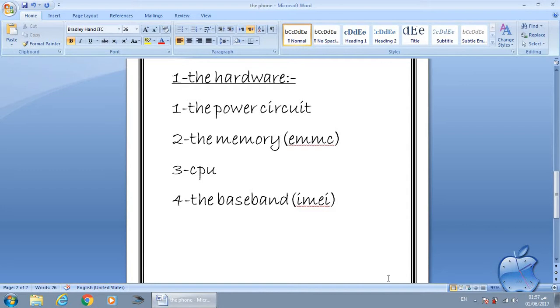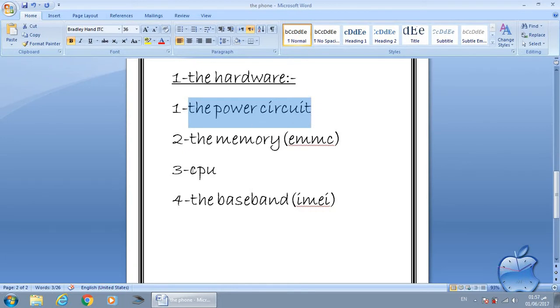In these four major circuits, only the power circuit can be changed. If there is a problem in some part, for example in the power chip, it can be changed.